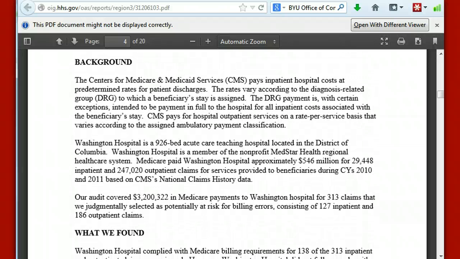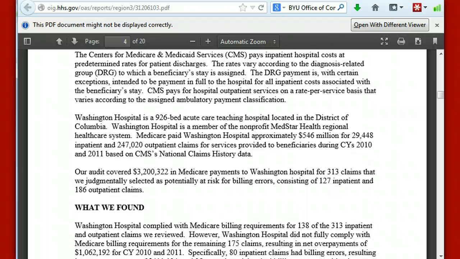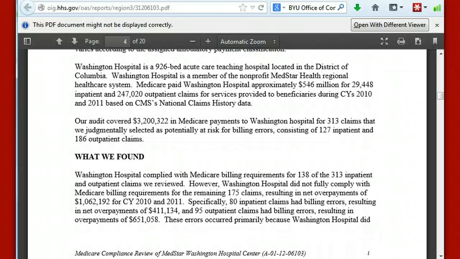Let's see, I think it's down here. Our audit covered $3 million in payments, and you can see what they found down here were some errors. They found that 80 inpatient claims had billing errors, resulting in $400,000 of overpayments. 95 outpatient claims had billing errors, resulting in even more, over $600,000 in overpayments.